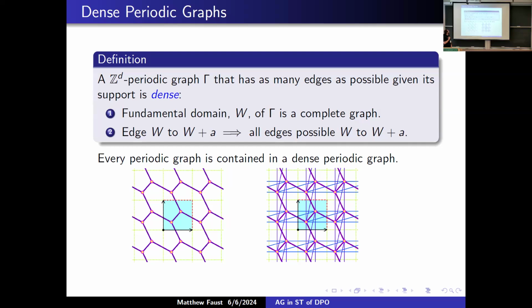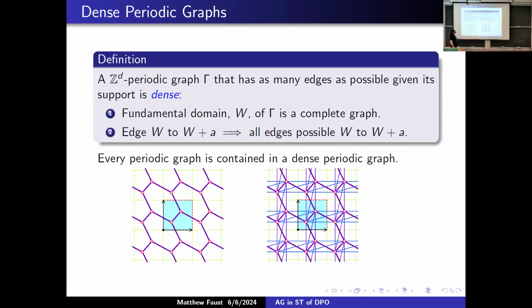The family we look at are dense periodic graphs. A Z^d periodic graph that has as many edges as possible given its support is referred to as dense. What do I mean by that? First, the subgraph induced by the fundamental domain should be a complete graph.